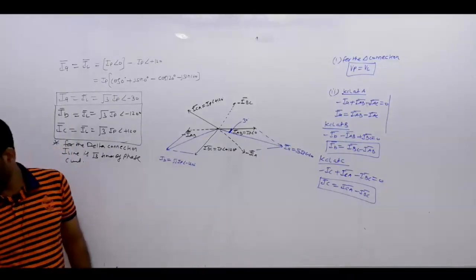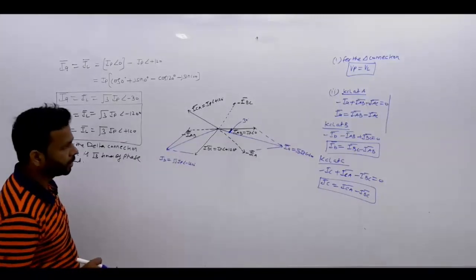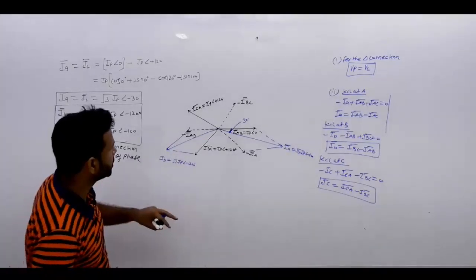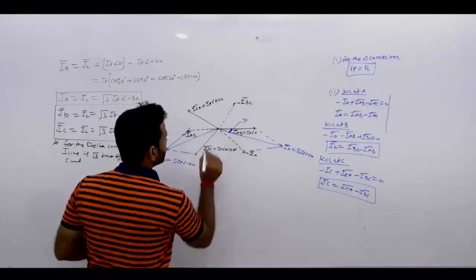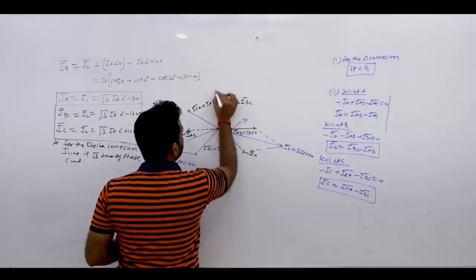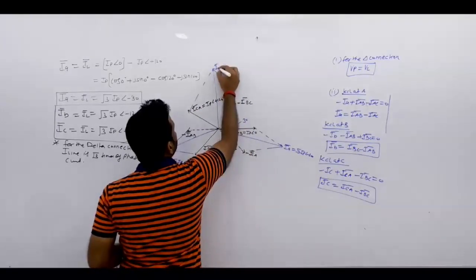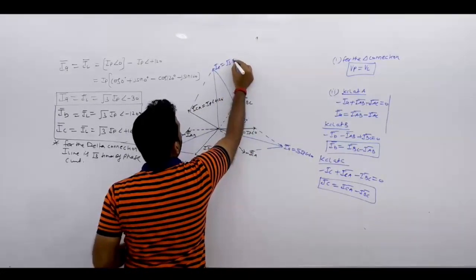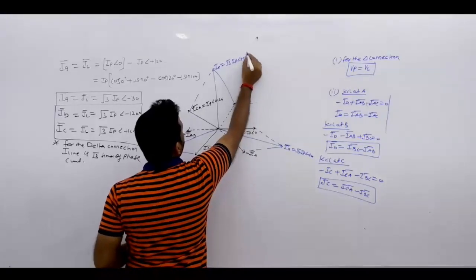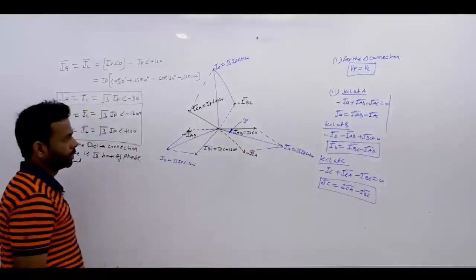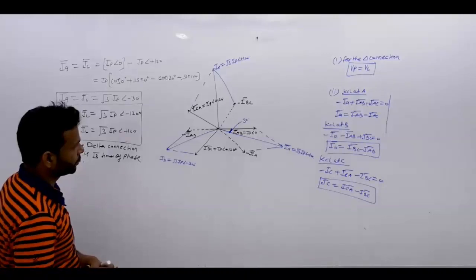Okay, let's see the result. Yeah, minus 120. Similarly, if you take the third current, there is CA positive and BC minus. So this is your third line current. Okay. So it is IC is equals to √3 IP angle plus 120 degree. ठीक है यहाँ तक. So check करते हैं हमने result.